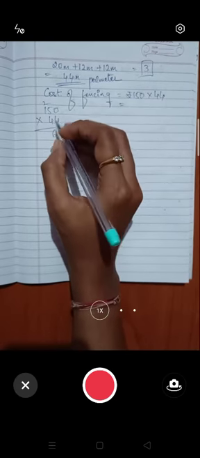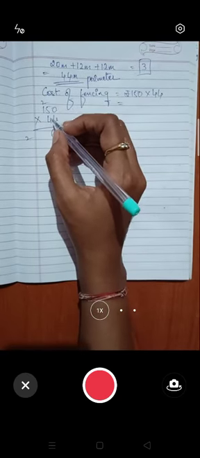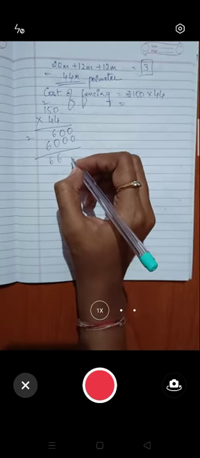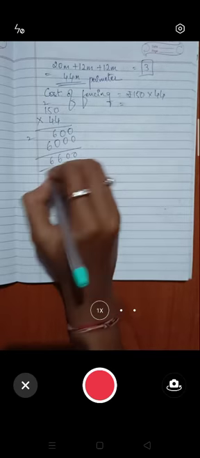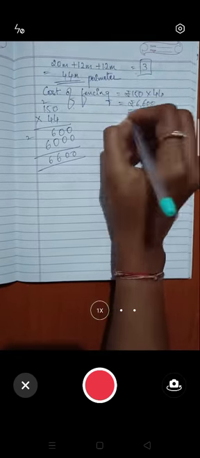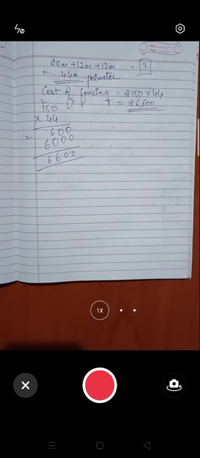So 1 0 again. 4 zeros are 0, 0 again. 5 fours are 20, 2 carry. 4 ones are 4 plus 2, 6. So let us add. 6 plus 0, 6, 0, 0. So it is rupees 6,600 is the amount to be paid to fence the garden.